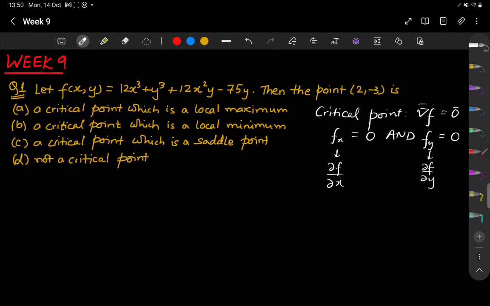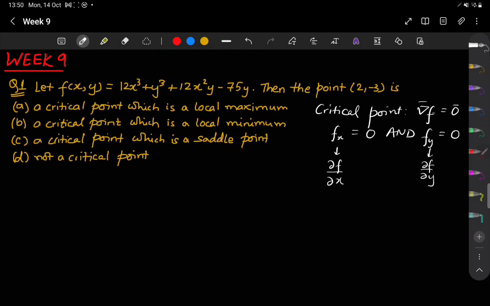Just to jolt your memory a bit, this is grad f, and grad f means del f by del x x cap plus del f by del y y cap. It is a vector and these are the x and y components of the vector.